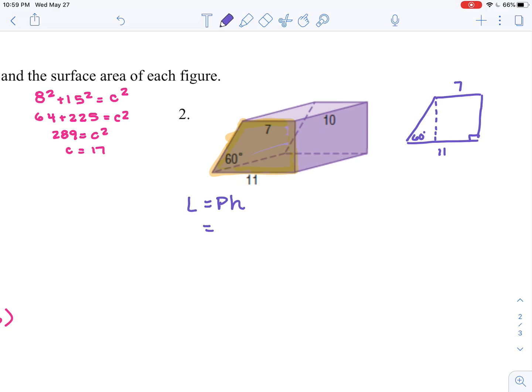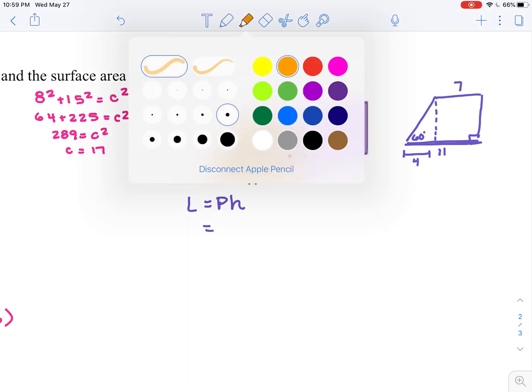To find the perimeter, we of course need all the sides of this trapezoid. So I'm going to create a rectangle on the right side and a little triangle on the left side. If the entire bottom of the trapezoid is 11, the top is 7, when I subtract them, the bottom of the triangle is 4 units long.